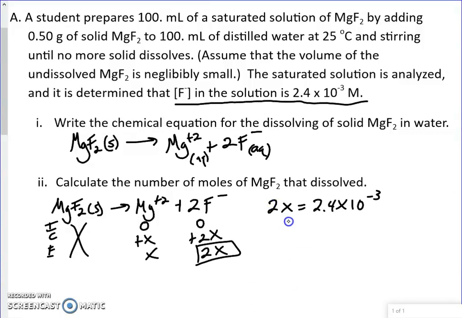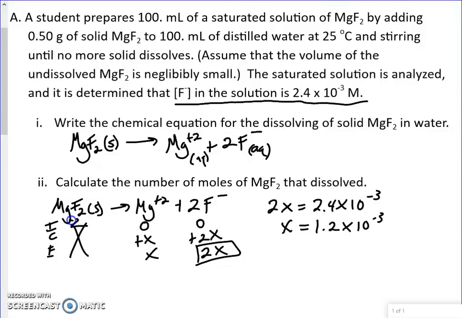Well, what does that mean? It means x is equal to 1.2 times 10 to the negative 3. Why is all that important? Well, because if we backtrack over here and let's say we have a certain amount of this, and again, we don't typically put anything here because it's a solid, but I want you to see what's going on here.